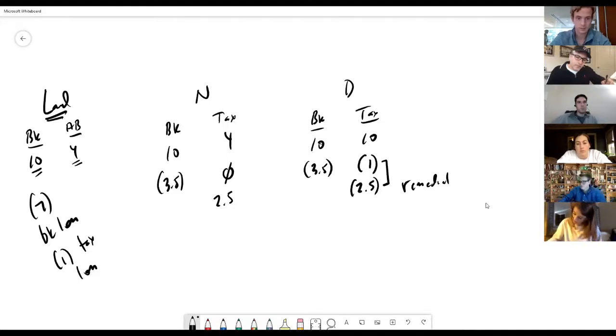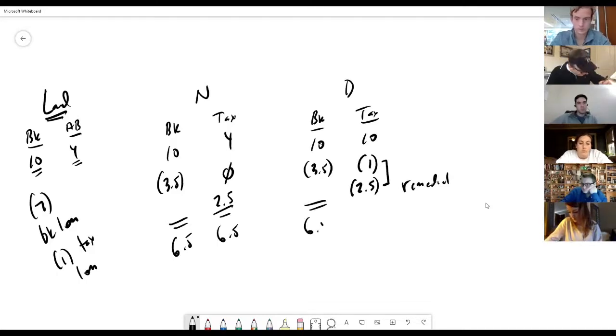That's going to make it more clear. And so N is going to get 2.5 of gain. And so at the end, you're going to have resolved the book tax disparity. So that's example 3.